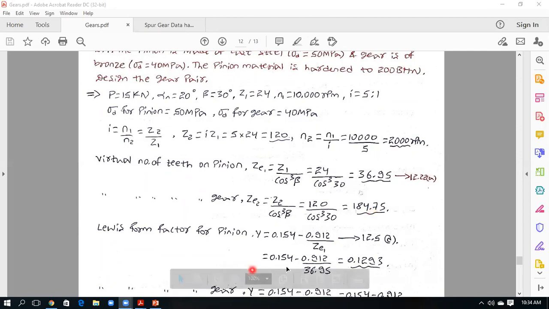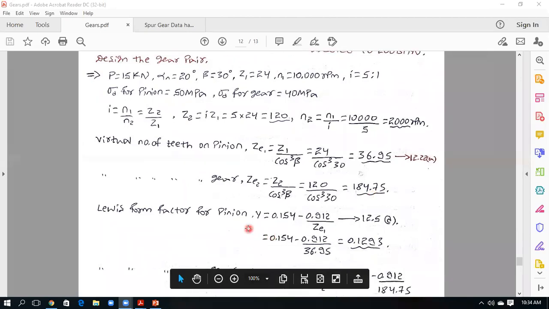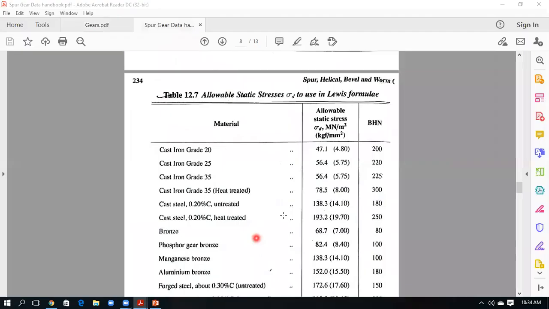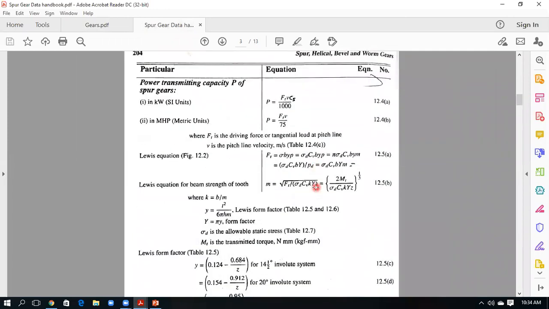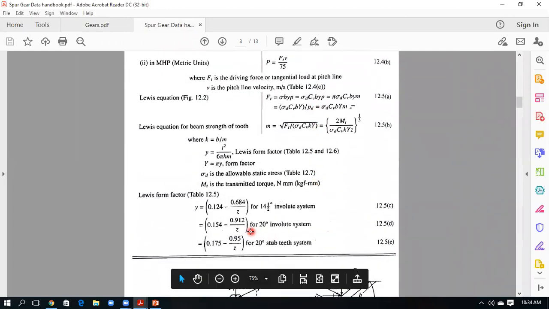After that, similarly, you need to find out the Lewis form factor. You have to use the same approach to find out the Lewis form factor. In the given problem, it is a 20-degree involute system.